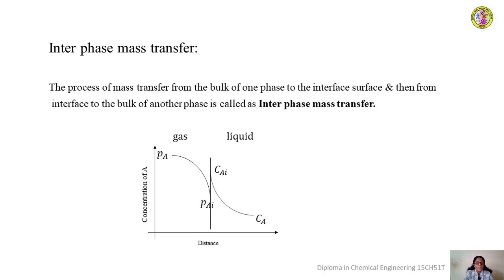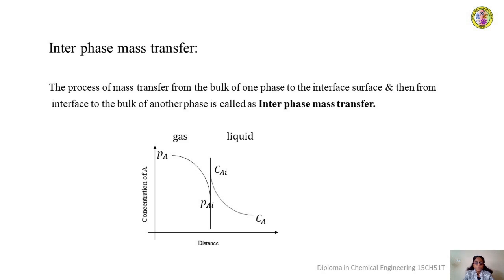The bulk gas phase concentration here we have taken as PA. We are measuring the concentration in terms of partial pressure. A represents the substance undergoing interface mass transfer. The concentration in the gas phase drops from the bulk gas phase concentration PA to PAI at the interface.